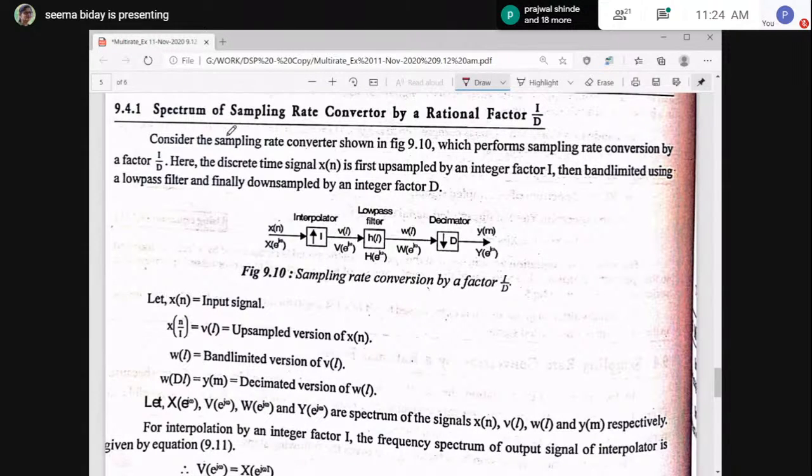Now in the frequency domain analysis, let us see what the effect is. Everyone note down the block diagram: sampling rate conversion by a factor of I by D in the frequency domain analysis. You take the Fourier transform of the input, the Fourier transform of the output, like this. Draw this, all of you.